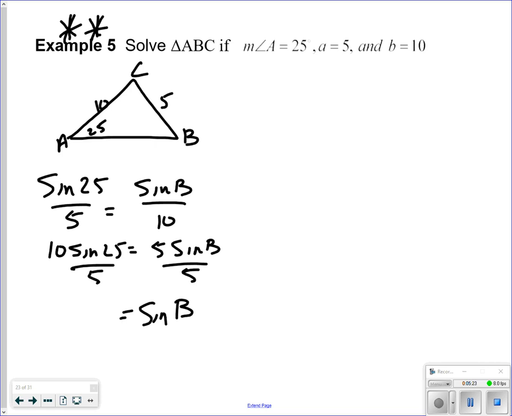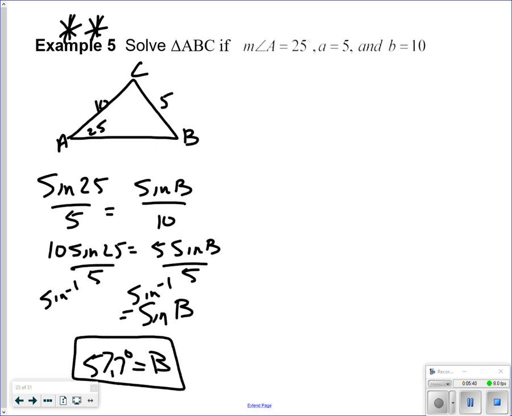Then I'm going to do second sine of that answer, and I'm going to get B to be 57.7 degrees.